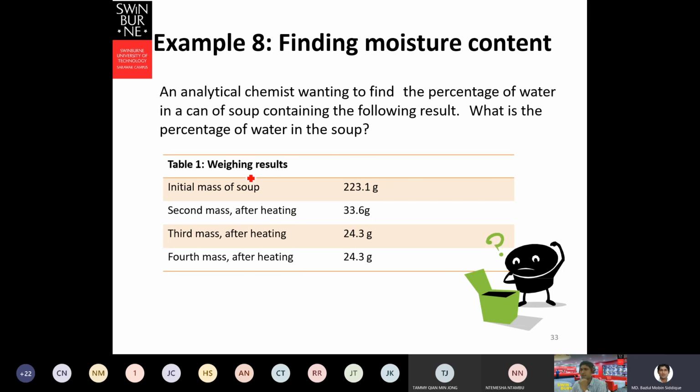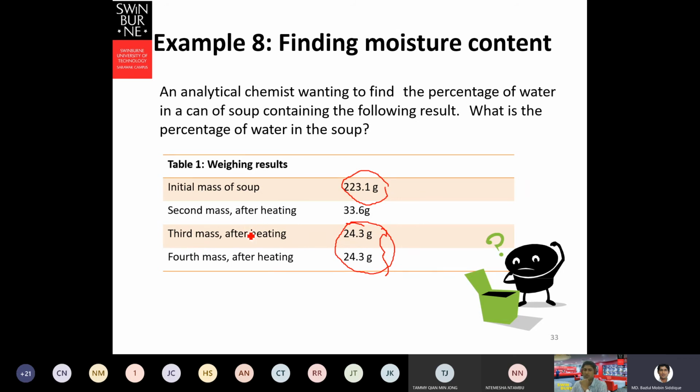So for a soup, you see that there are 223 gram at the initial state. The second mass after heating was found, then third, fourth. So the third and fourth show that they are the same. The mass did not change, so we know that it stops here.